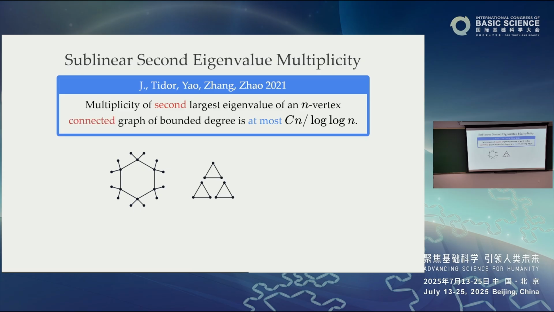The second example here illustrates the necessity of connectivity of the graph. So if you have triangles or any graph and you repeat it a couple of times, then the second largest eigenvalue will have linear multiplicity. And lastly, there's something called a strongly regular graph in graph theory that gives you really high multiplicity in the second largest eigenvalue. But the problem with those examples is that they are not of bounded degree. So these conditions turn out to be crucial, otherwise the theorem fails.